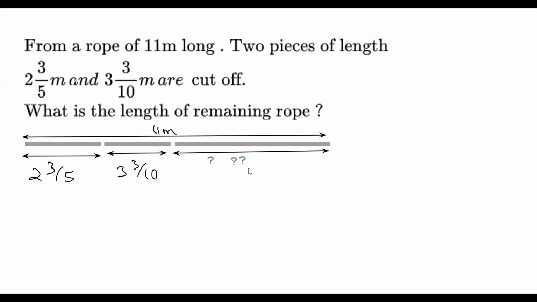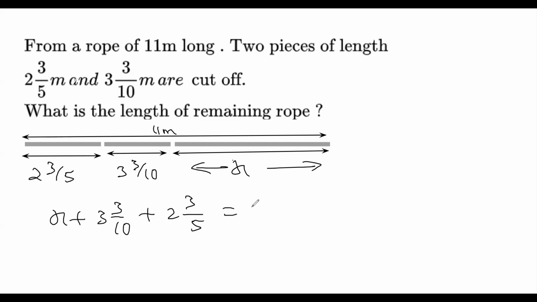So for that, what we are going to do is to consider this length to be x. The sum of these three, that is x plus 3 3 over 10 plus 2 3 over 5, should give you the total length, which is 11.